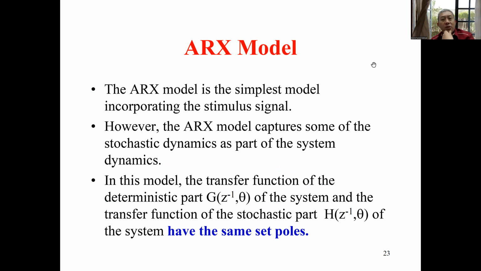The ARX model is the simplest model incorporating the stimulus signals. However, the ARX model captures some of the stochastic dynamic as part of the system dynamic. Of course, we cannot avoid it. So in this model, the transfer function of the deterministic part G of the system and the transfer function of the stochastic part of the system have the same set of poles.